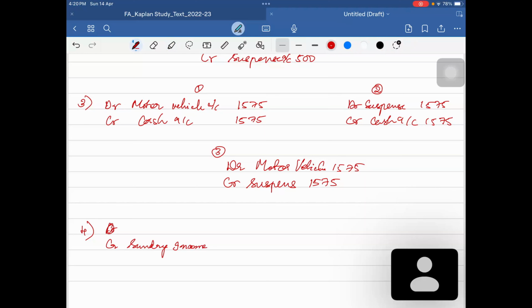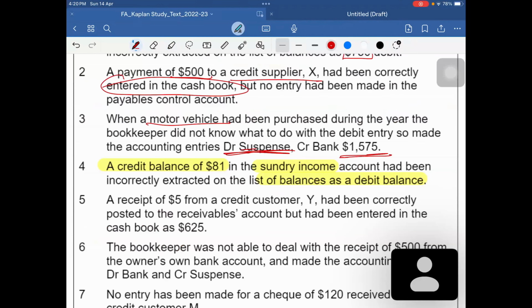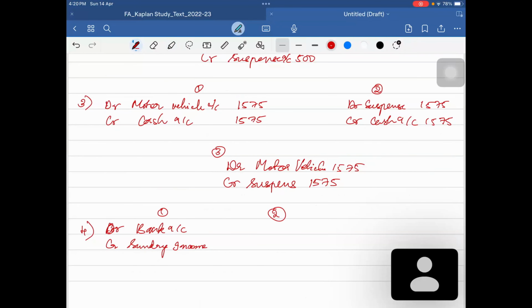And debit cash, sorry, bank account. This is the entry. What did they do? Deposit in the sundry income account had been incorrectly extracted. That means the cash went right, but they went wrong in the sundry income, right? Okay. So what did they do?